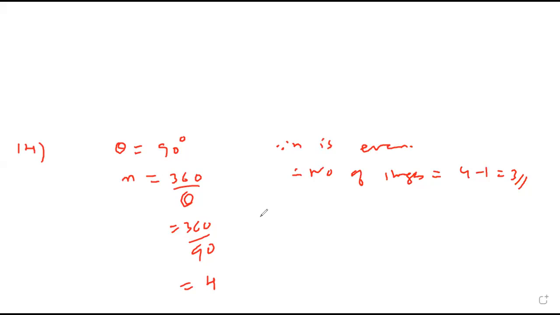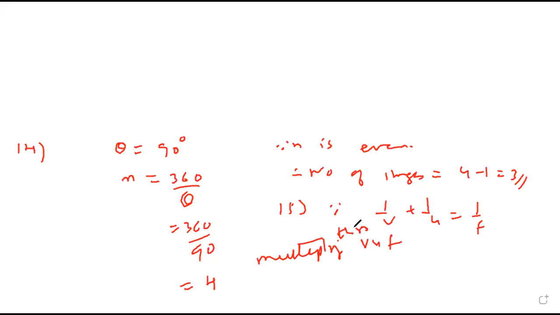Fifteen. Which is the correct representation of the mirror formula? Since 1 upon v plus 1 upon u is 1 upon f, if I multiply throughout by vuf, we get vuf upon v plus vuf upon u equals vuf upon f.